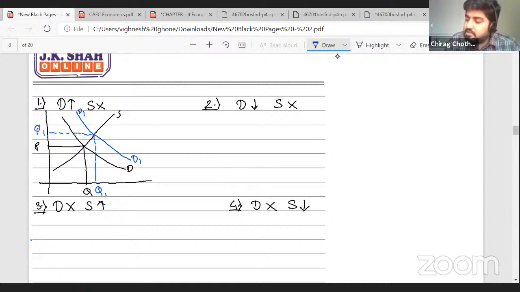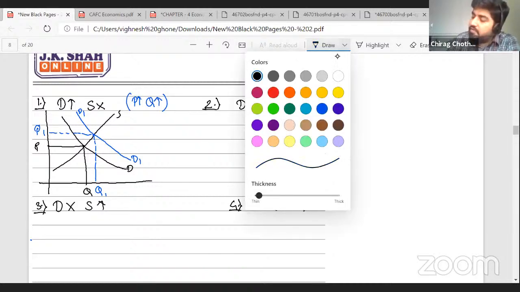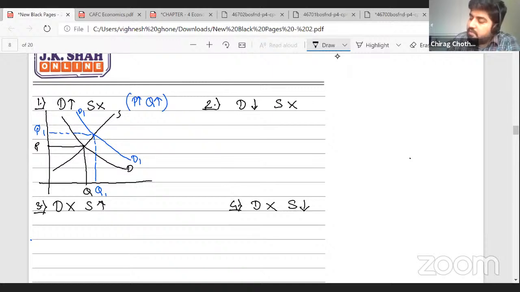So if demand is increasing and there is no change in supply, the equilibrium price will increase and equilibrium quantity will also increase. Simple, right? Next one. Now one by one we are going to do all the diagrams.